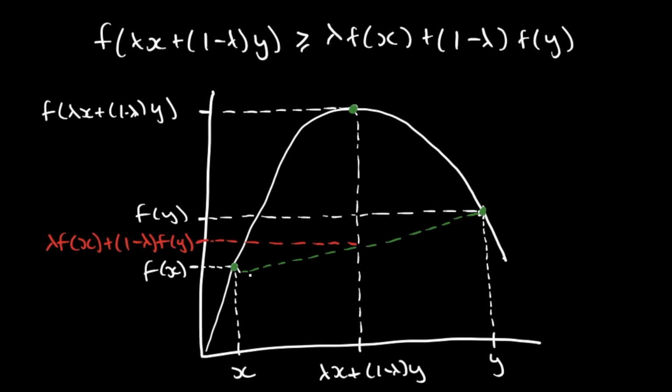In this case, the key point to remember, now bringing back our definition of a concave function, is that it's greater than or equal to the linear combination of the function. That's the key point.